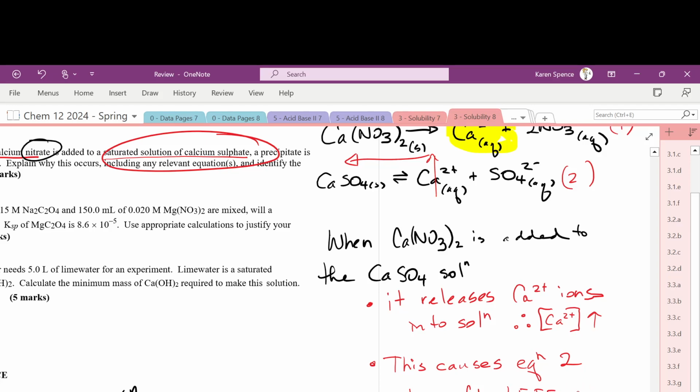Why? To use up Ca2 plus to bring the concentration of Ca2 plus back down.